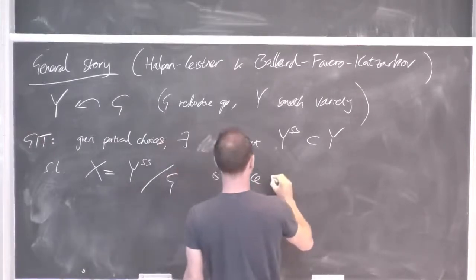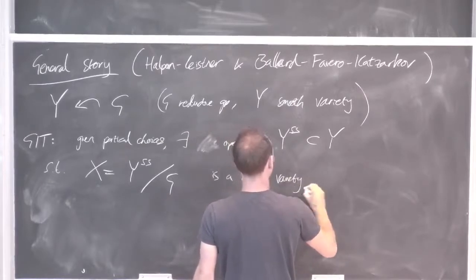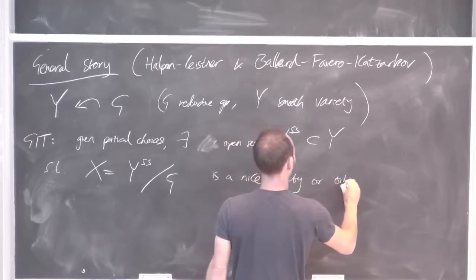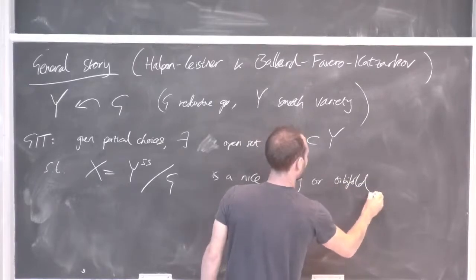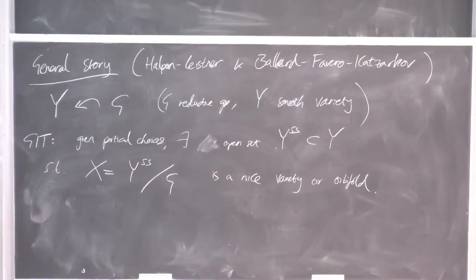It's an open set such that X is a nice variety or orbifold. And everything that we've been doing with our choice of quotients is really GIT. But with the examples being so simple, there's no point in explaining the general theory. It's in fact something called VGIT, variation of GIT, because we were doing two different possible quotients. You're varying which choice you make and which quotient you take. Okay?